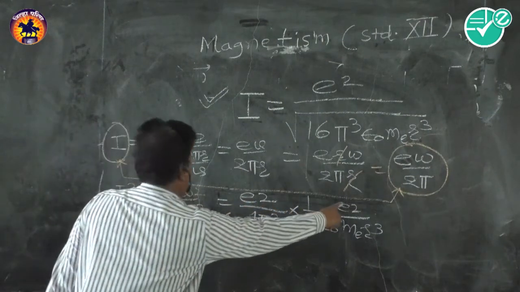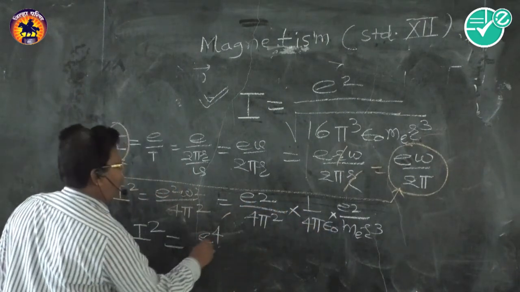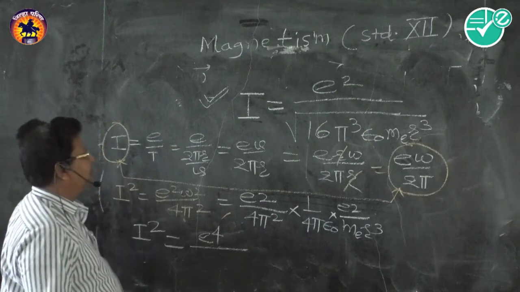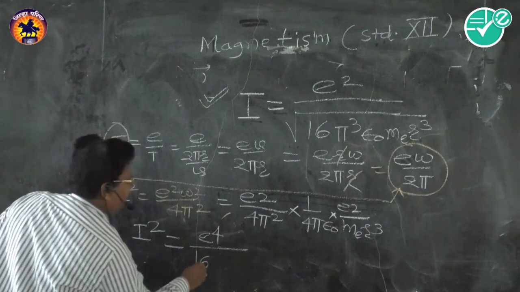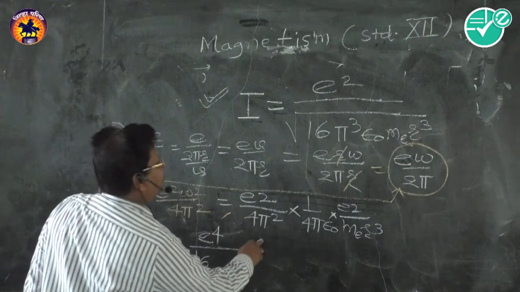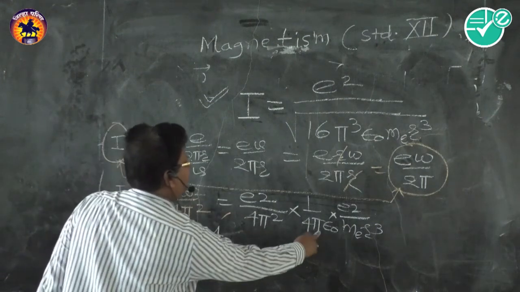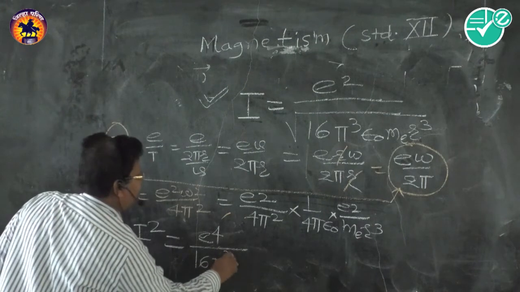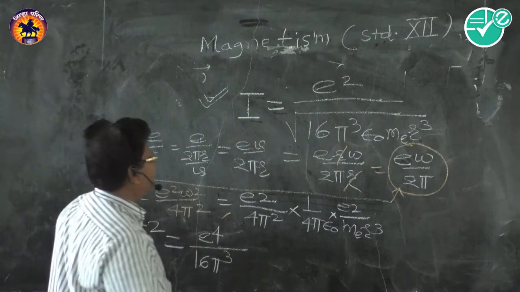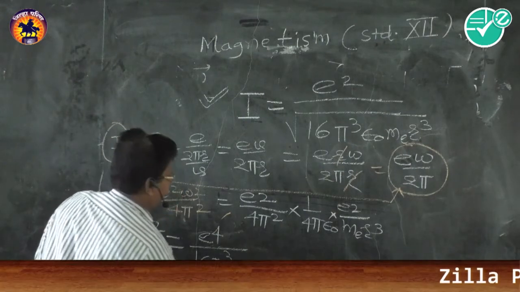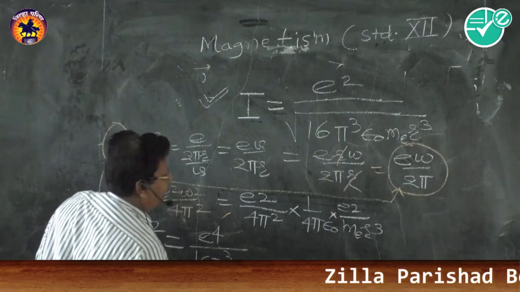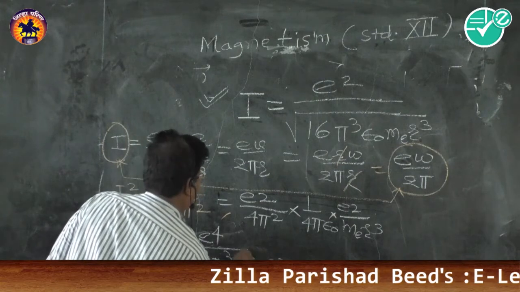e square into e square, which is e raised to 4, divided by 4 into 4, which is 16, into pi square into pi, which is pi cube, again epsilon 0, again m suffix e and r cube.